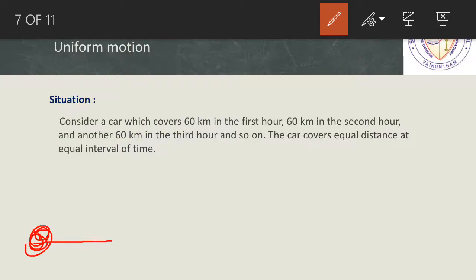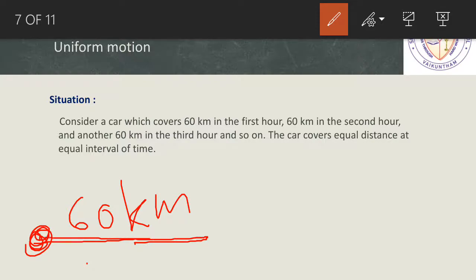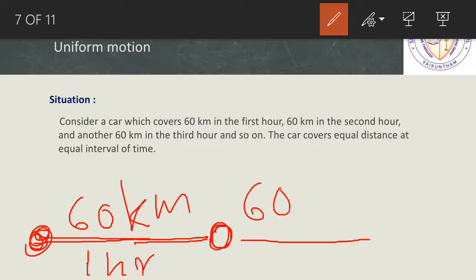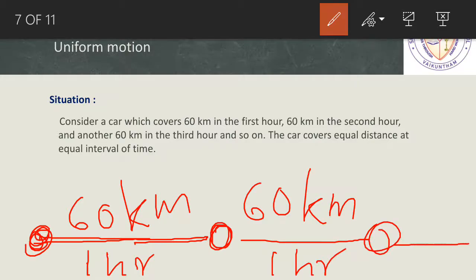It is moving for 1 hour and covering 60 kilometers. It has covered this much distance in 1 hour. In the next 1 hour, the same car again covers 60 kilometers. Then again the same car is moving and again it covers 60 kilometers in 1 hour.